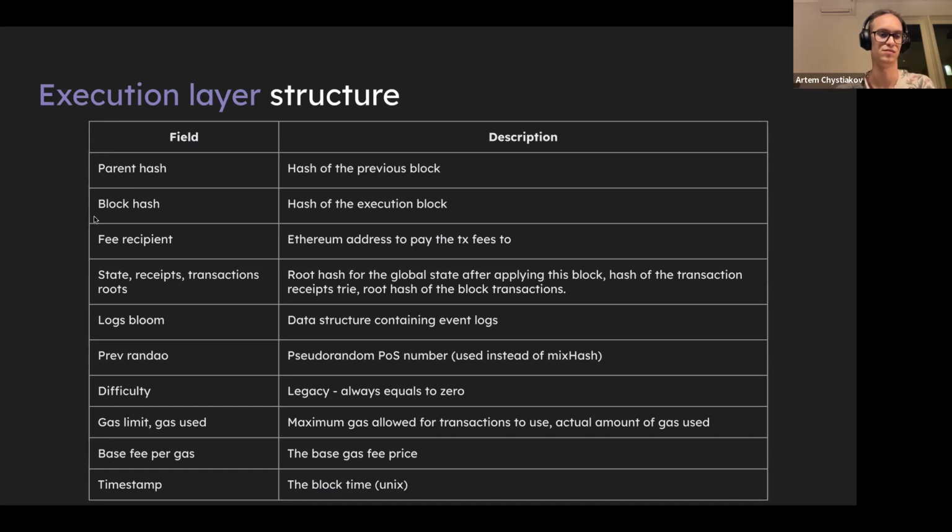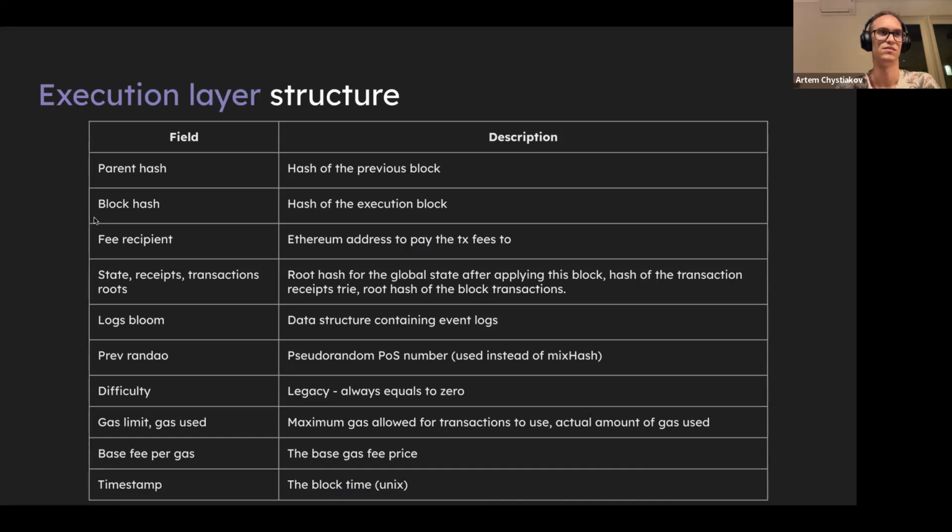Then there is the block hash of the current block, which is the hash of the contents the current block has, which includes the hash of the previous block. And actually this block hash represents the state of Ethereum right now. This block contains pretty much everything that Ethereum has right now.